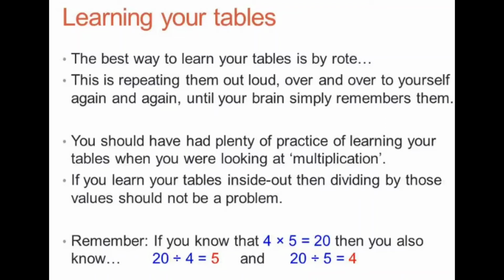If you learn your tables inside out, then dividing by those values should not be a problem. Remember, if you know that 4 times 5 is equal to 20, then you also know 20 divided by 4 is 5 and 20 divided by 5 is 4.